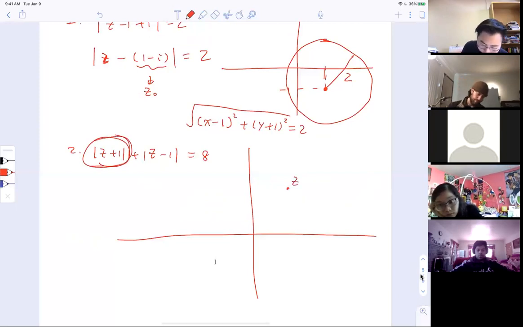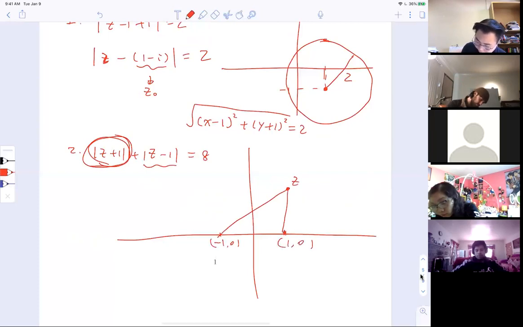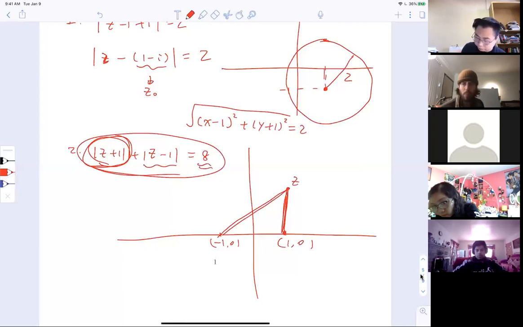Then the first term, the geometric meaning is the distance from z to the point minus 1, and the second term corresponds to the distance from z to 1. Then the whole thing corresponds to the sum of those two distances equal to 8, which is an ellipse, right?